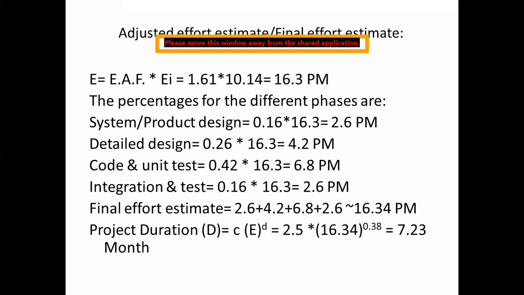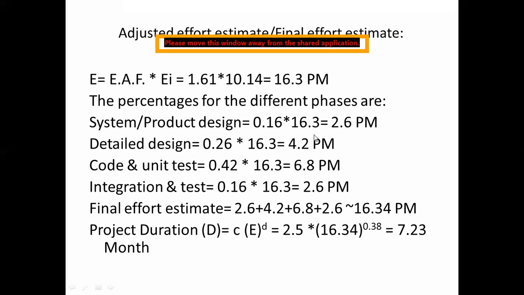Okay, or in the second column it was given that less than or equal to 8 KDLOC. So you will choose from the second column, the value under the organic system and less than or equal to 8 KDLOC.